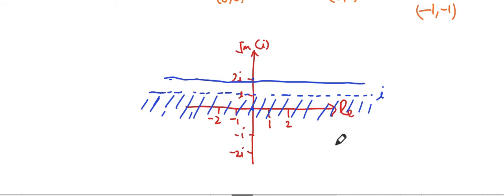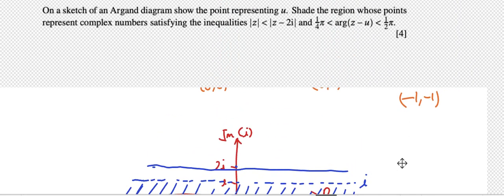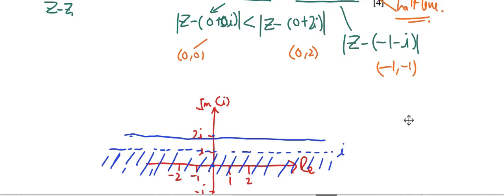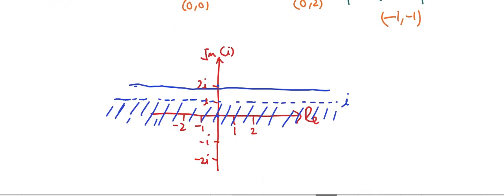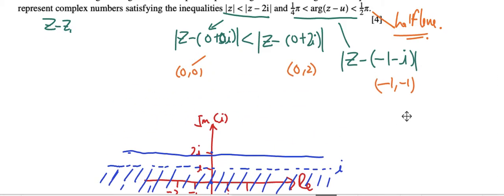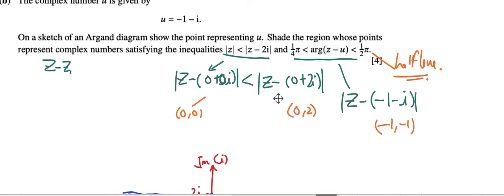I'm not done because I still have one more part to draw. The second part, which is negative 1, negative 1. So let's look at that. This is the point here, and for this the arg angle is in between quarter pi and half pi.